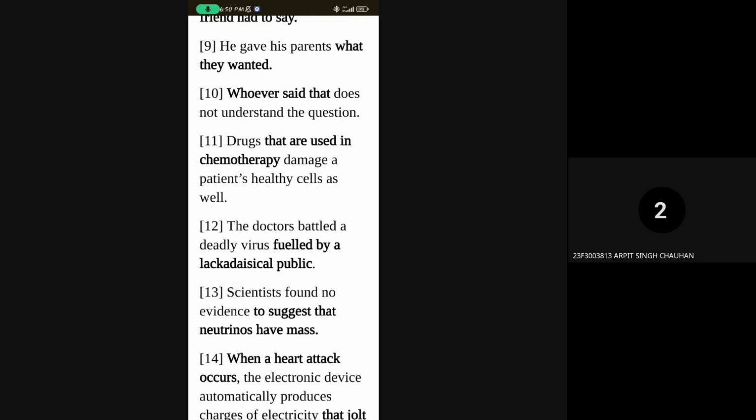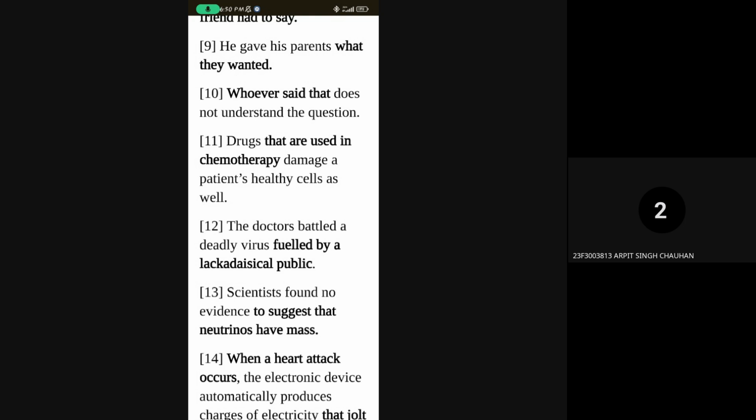Pay closer attention to how they are, understand what they are, and then you'll be easily able to segregate them as well as identify what type of clauses they are. So what they wanted is a direct object. Objects have noun-like qualities, hence this is a noun clause. Simple.